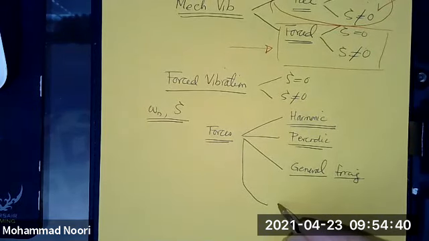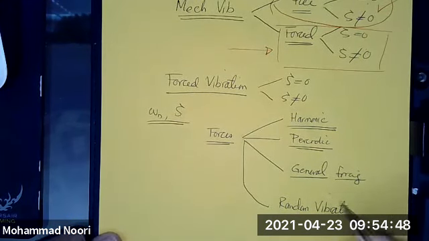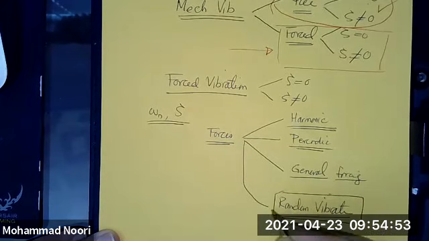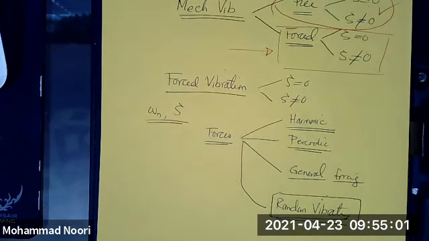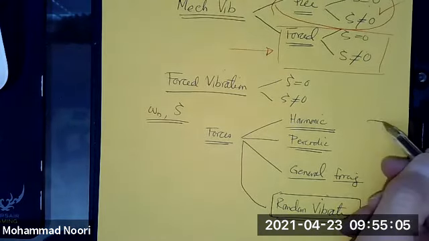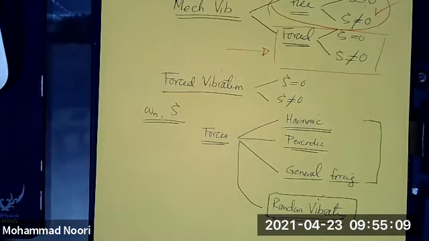So the fourth category would be when you have random loads, but that random load gets us to a completely separate class of vibratory system, which we call random vibrations. And that's a course or actually a topic in itself. So these are the three types of forcing functions we're going to pay attention to.